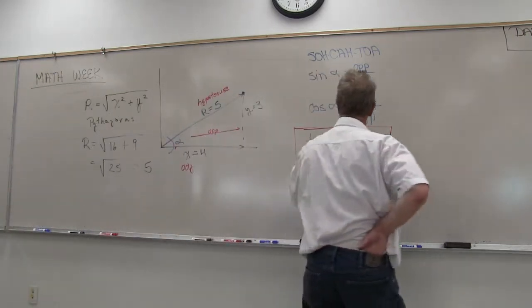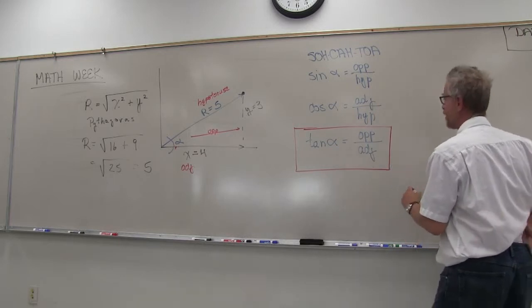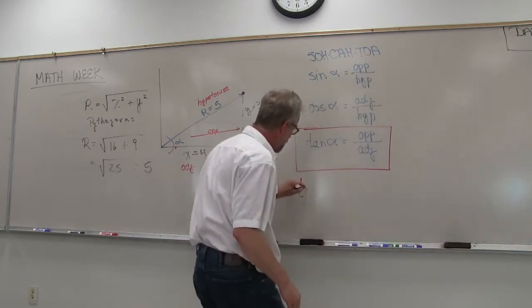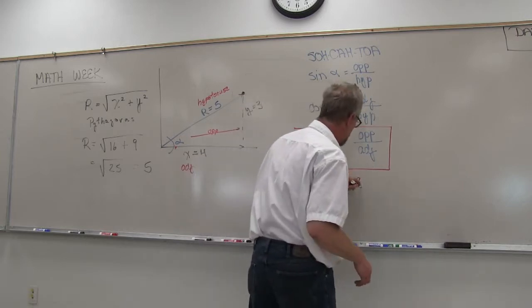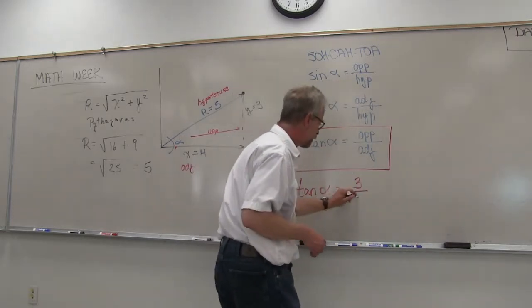So in this case, let's replace these with some numbers. The tangent of the angle is equal to the opposite, which is 3, divided by the adjacent, which is 4.